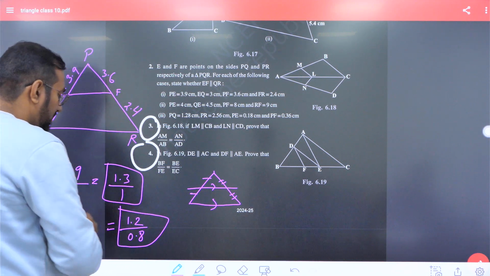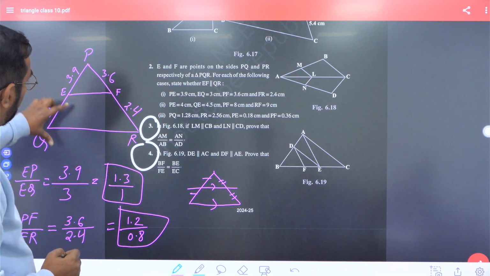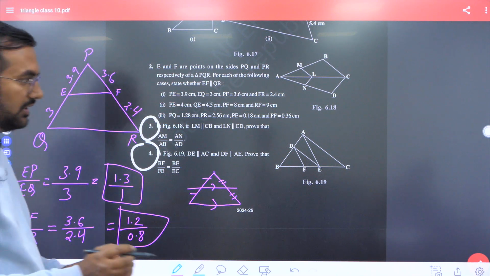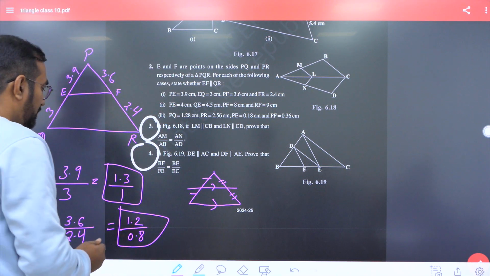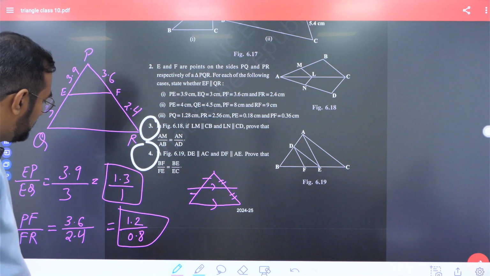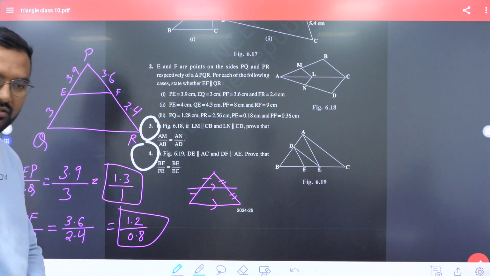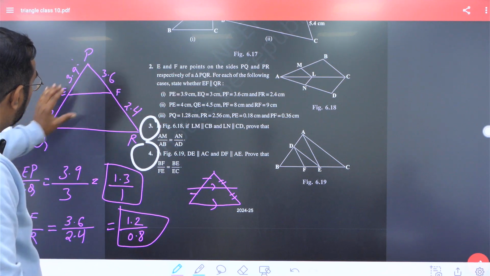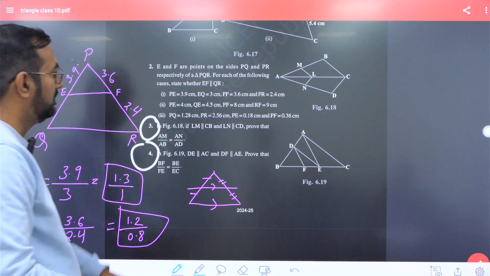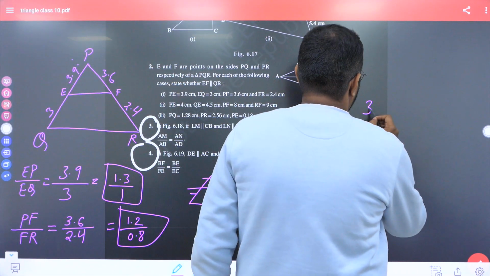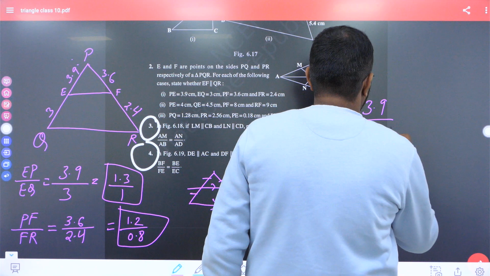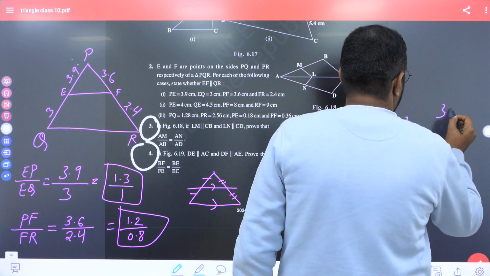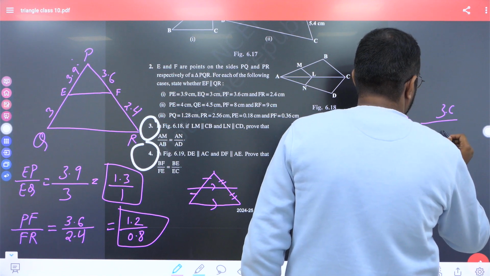Another way to check whether these ratios are equal or not is to cross multiply them. Suppose you have a doubt, how can we check if this ratio is equal to this ratio or not? For that, put this upon this equals this upon this and cross multiply: 3.9 upon 3 and 3.6 upon 2.4.